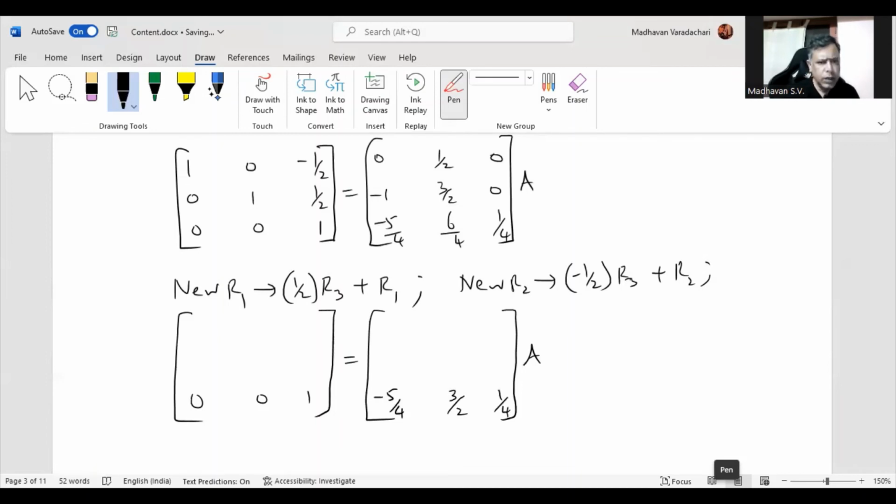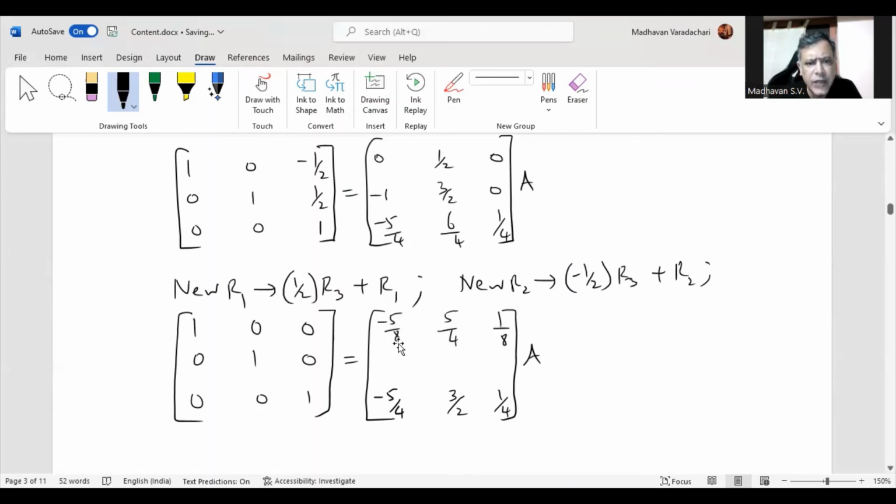So now we had 1, 0, 0, because once I apply the operation, I will have this 0, 1, 0. This side, it will become minus 5 by 8 and 5 by 4 and 1 by 8. Same, applying this means half times R3. Half times R3 means it is minus 5 by 8. That is why it is getting added to 0.